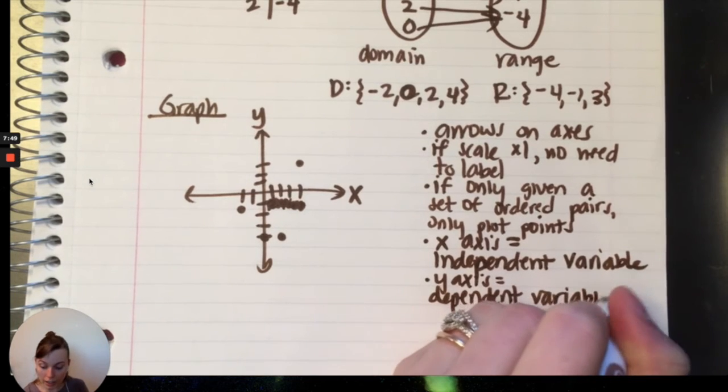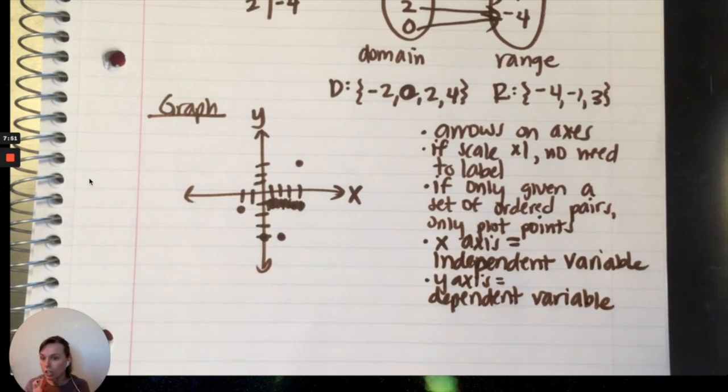So like the height of a plant over time, the position that you are away from school at time. So time is a huge one, but like how much you get paid over time, or how many shirts you're buying, what's the price of your bill. So the x-axis is always something incremental. It's independent, it will stand by itself. Dependent depends on how many shirts you actually put in your order and how long you're actually letting your hair grow to see how long it's going to be, etc.